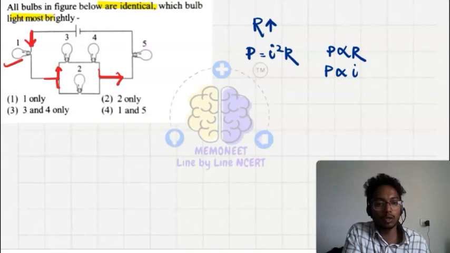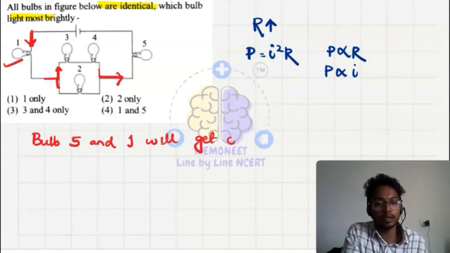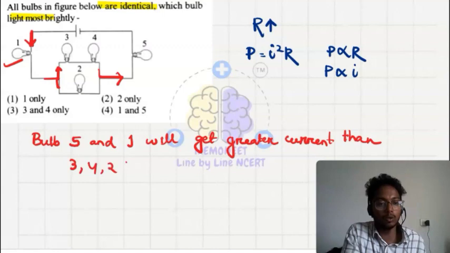So bulbs 5 and 1 will get greater current than bulbs 3, 4 and 2. So which will glow brighter? Bulbs 1 and 5 will glow brighter.